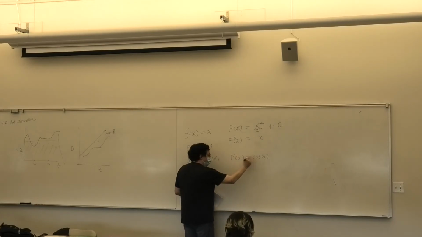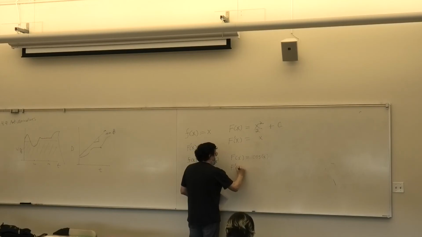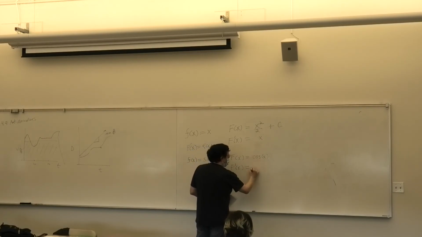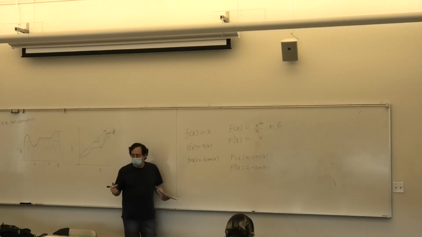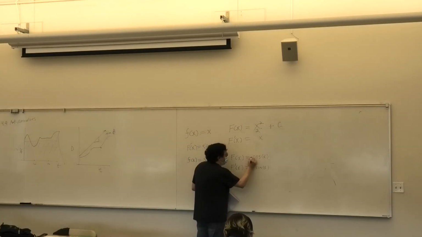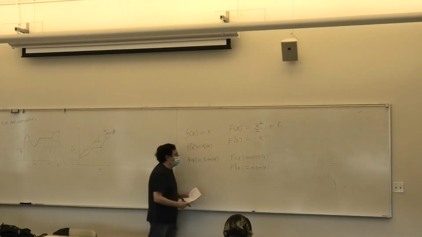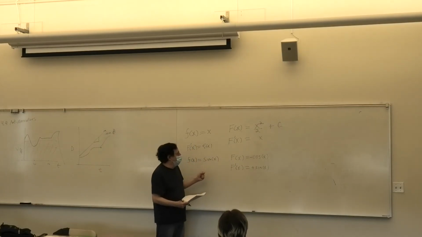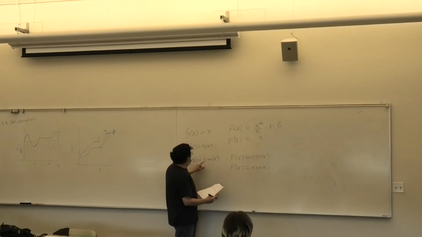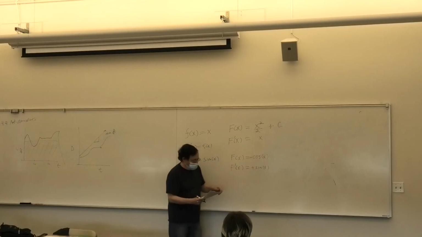That's the function. We find the derivative. The derivative of the cosine is negative sine of x. Okay, that's not quite what we want, but it differs by a constant. We put a minus here, we get a minus here, and then we now know that the antiderivative of sine of x is the negative cosine of x.